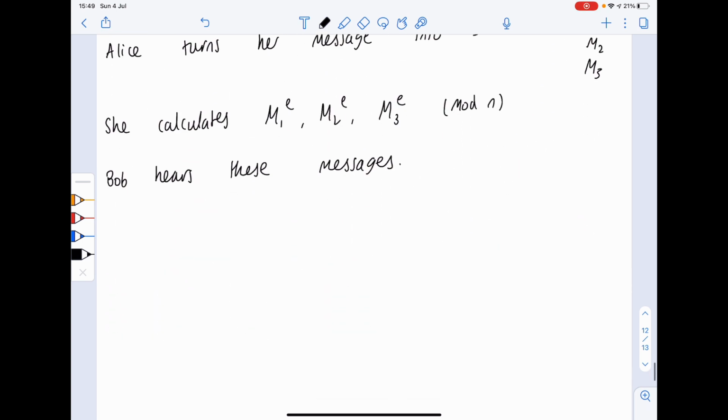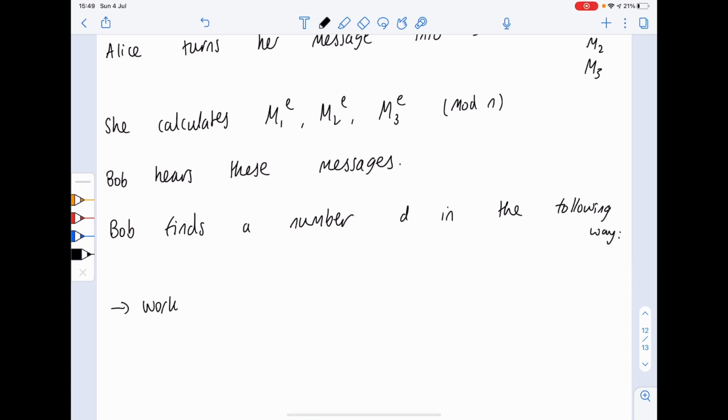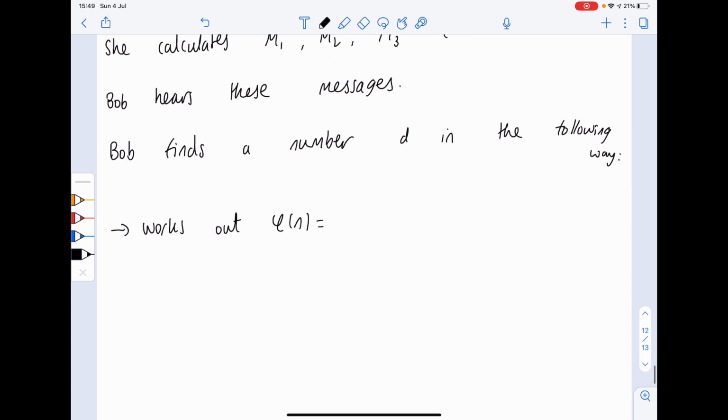So Bob needs to find this number D, right? Bob finds a number D in the following way. So step one, he works out phi of N. And remember I said it was p minus 1 times q minus 1, so it's going to be 67 minus 1 times 43 minus 1, which turns out to be 2,772.